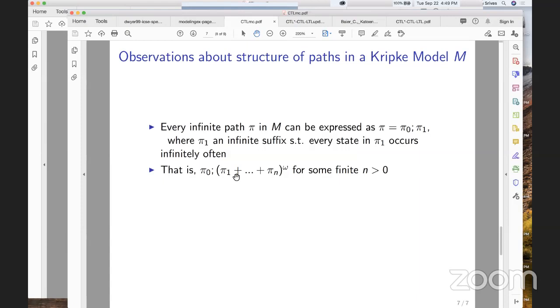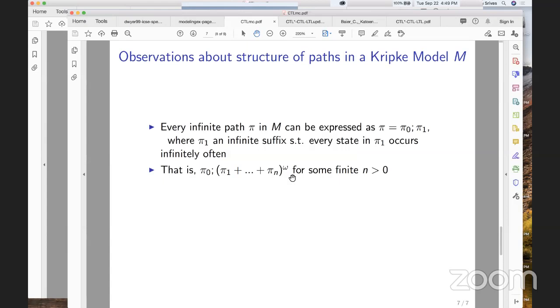So the states in pi 1 through pi n together are the states that occur infinitely often in the Kripke model. What I've done here is exhaust all the states that occur finitely many times, and after that you only have one of finitely many patterns that have to repeat infinitely often.